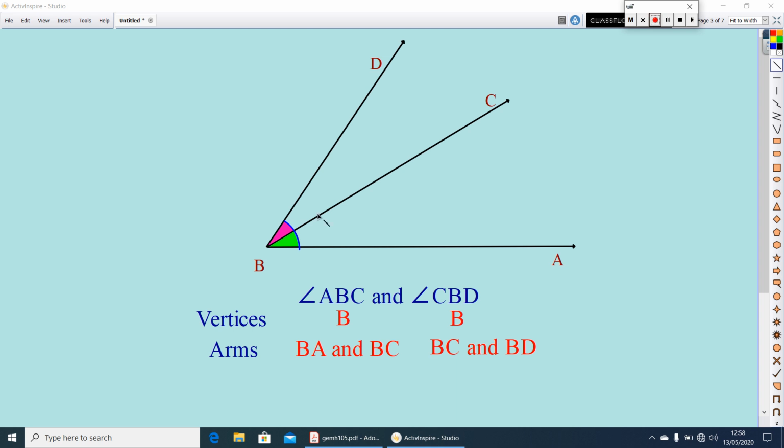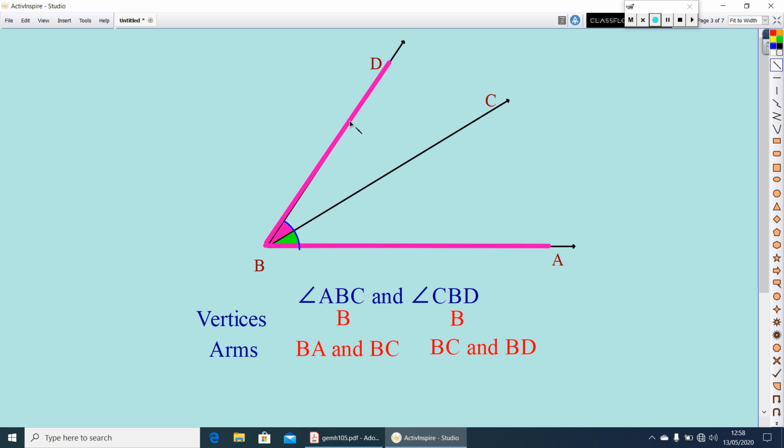Now look at the non-common arms. Where do they lie? Here BA and BD are non-common arms. You can see that these non-common arms lie on either side of the common arm BC.